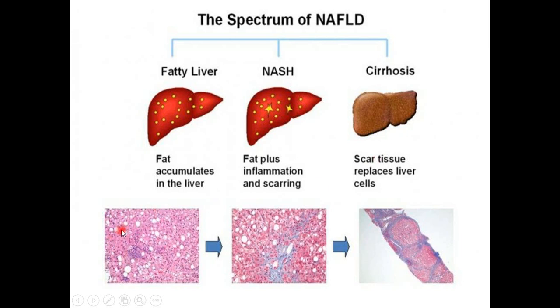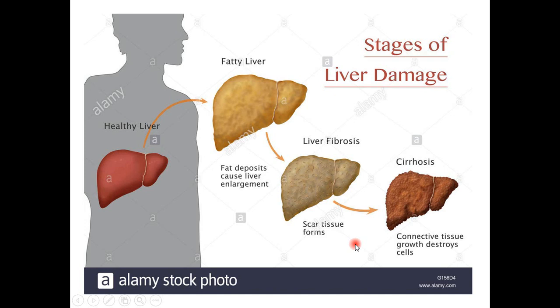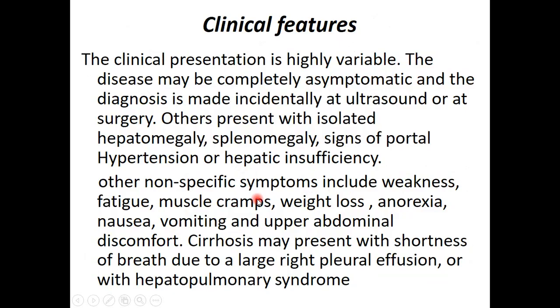And here we will see the fat globules on histological examination. This is the fat globules with the inflammation, NASH, non-alcoholic steatohepatitis, and this is the loss of normal liver architecture with fibrosis and scarring replacement. This is liver cirrhosis, a cirrhotic liver. So the stages of liver damage start with the fatty liver, then liver fibrosis and liver cirrhosis.